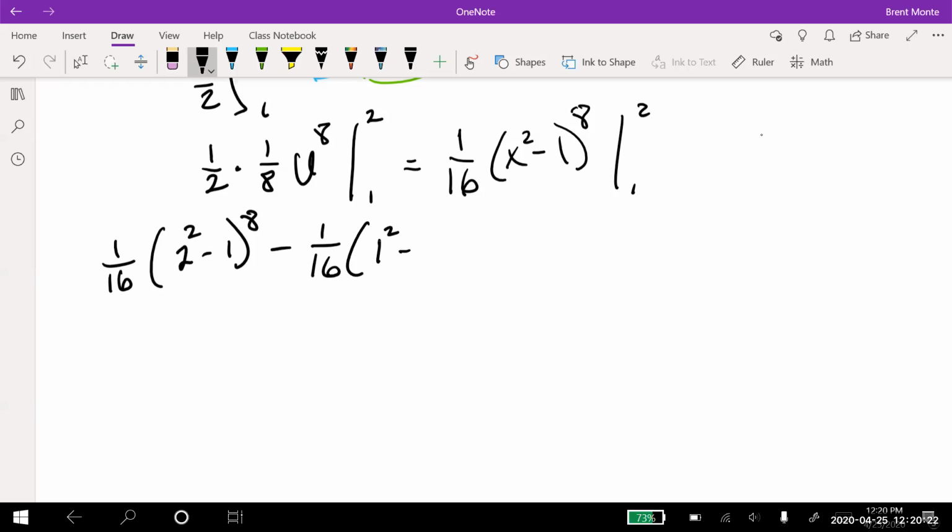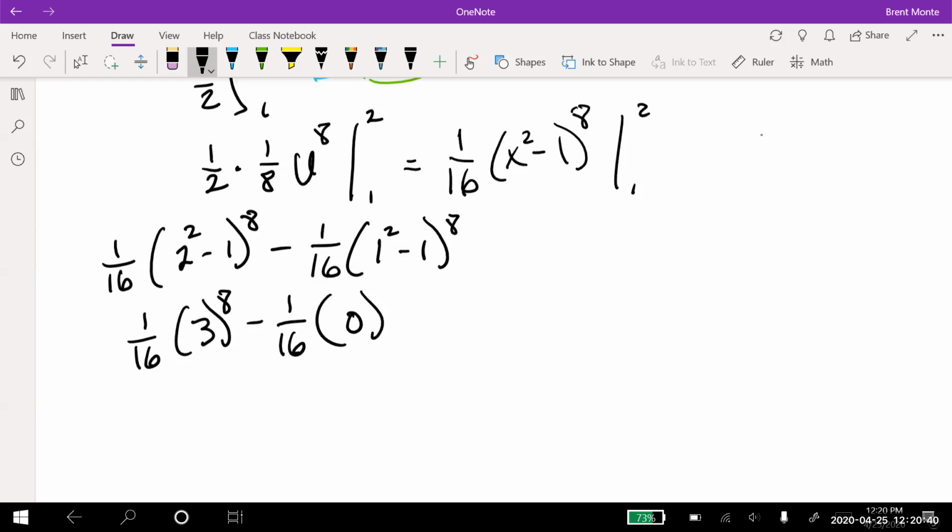So now 1 squared minus 1 to the 8th. Well, that's not going to be so bad. Let's see. We'll work out inside the parentheses. We've got 2 squared is 4 minus 1 is 3. So it's 1/16 times 3 to the 8th minus 1/16. Notice inside, 1 squared minus 1 is 1 minus 1 is 0 to the 8th. So that second piece just goes away. The first piece is a really big number.